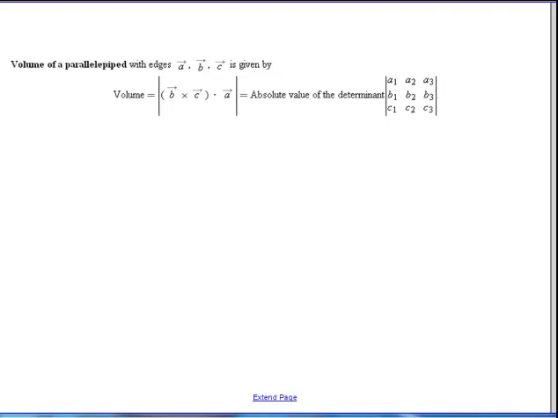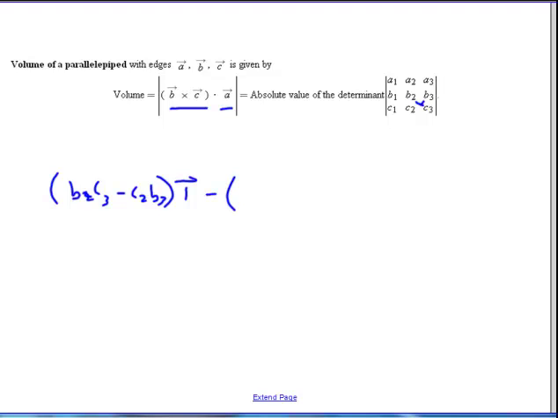So the idea is, when we take B cross C and dot it with A, using what we know about B cross C, we're going to get B2 C3 minus C2 B3 in the I direction. That's that.